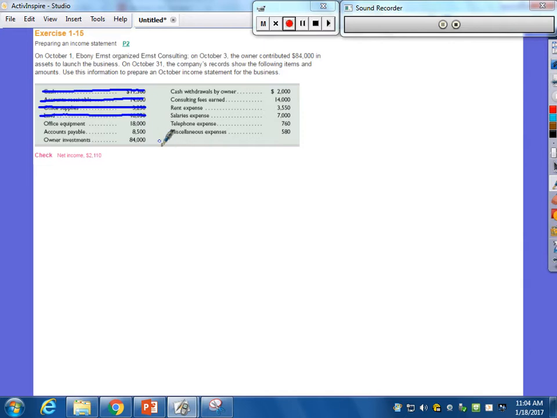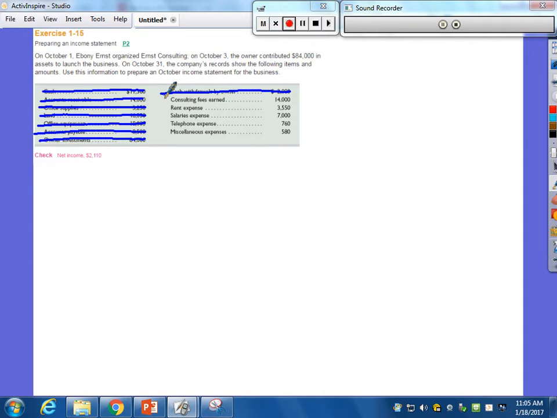What else? Equipment. What else? Accounts payable. What else? Investments. What else? Withdrawals. Is that it? The rest of this we need, don't we, to complete an income statement?